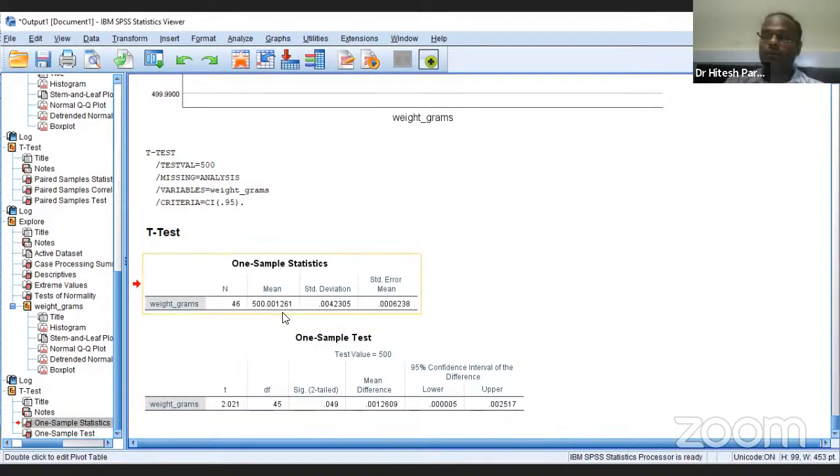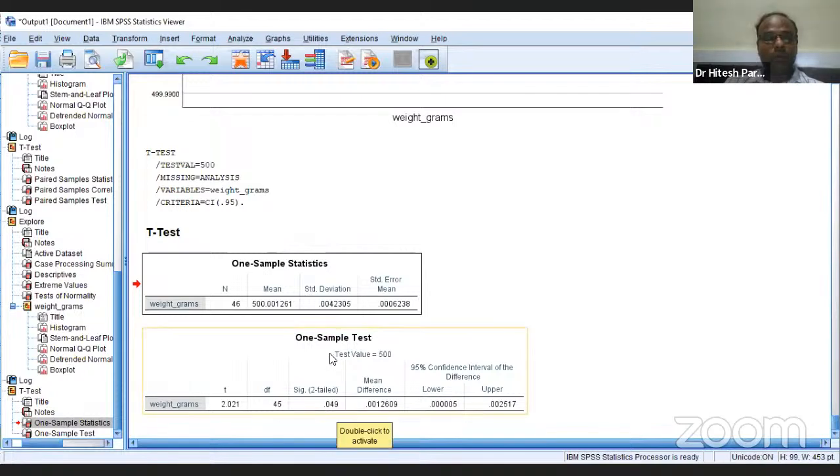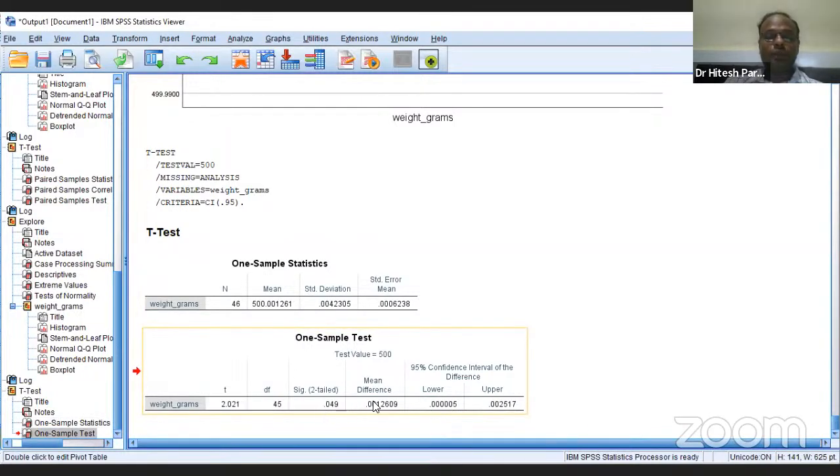That is the null hypothesis that we need to test. So the sample mean we get is 500.001261. So the p-value, in table number 2, is 0.049, on the border side.